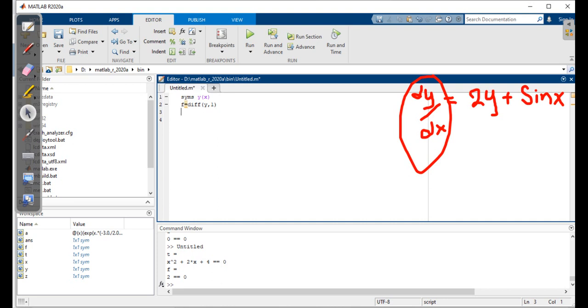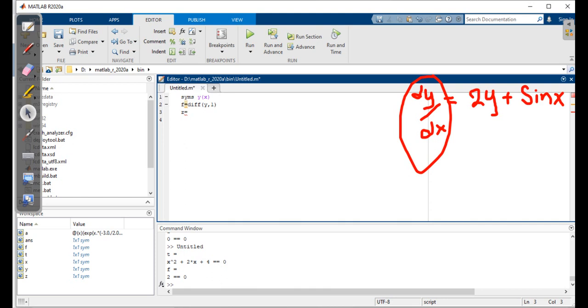So first of all, we took the derivative. Derivative we already took. Now we are going to write this equation.